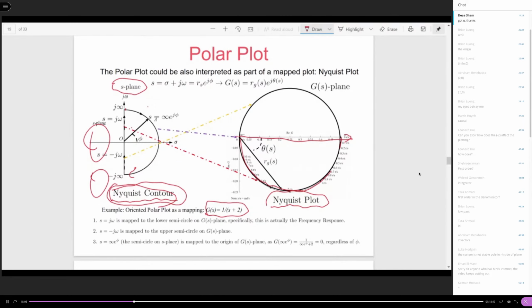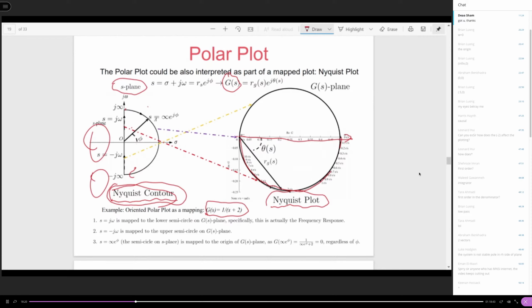Now let's see. If s is taken on this Nyquist contour, what exactly is this g of s going to do? Polar plot, right? Now listen to me very clearly.